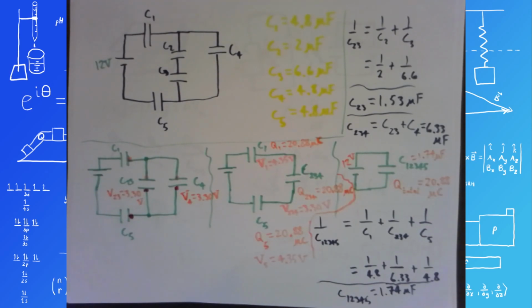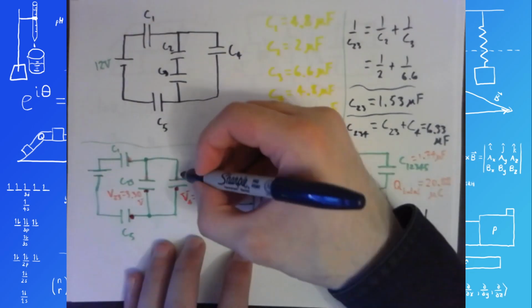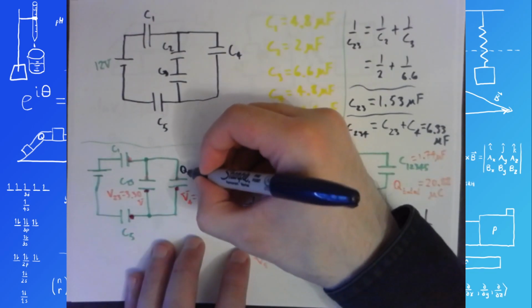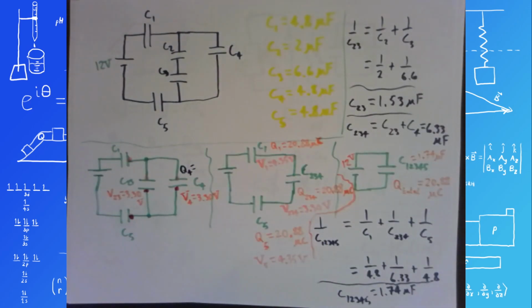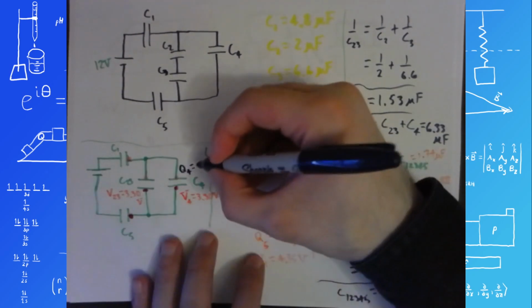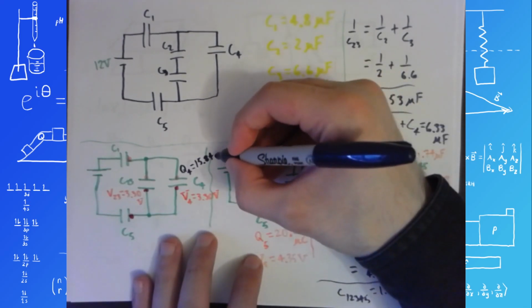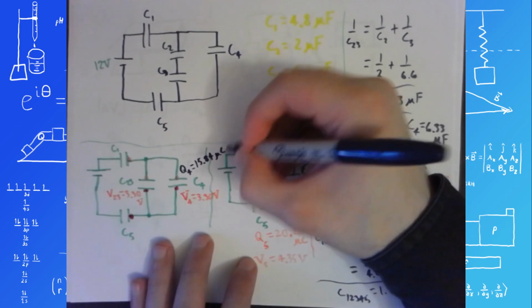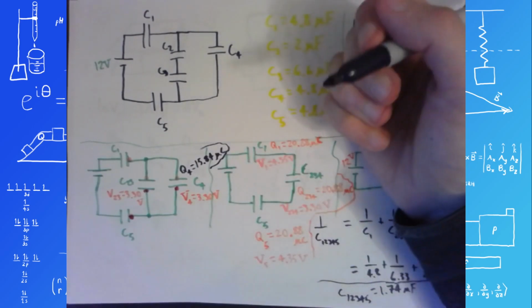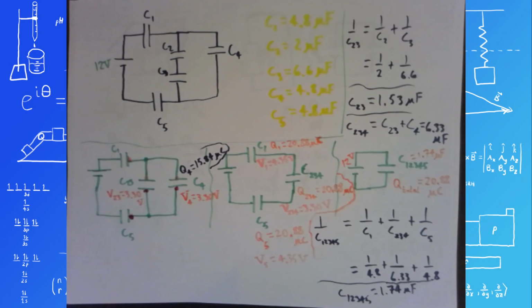The charge on C4 is going to be, let's see, C equals Q over V, so C times V equals Q. So Q4 is equal to C4 times V4. And C4 was 4.8, so 4.8 times 3.30 is 15.84 microcoulombs because I multiplied volts with microfarads. And then Q23, where am I even going to write this?